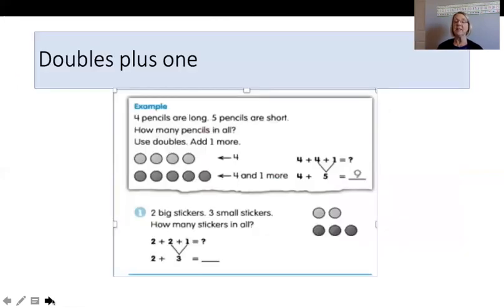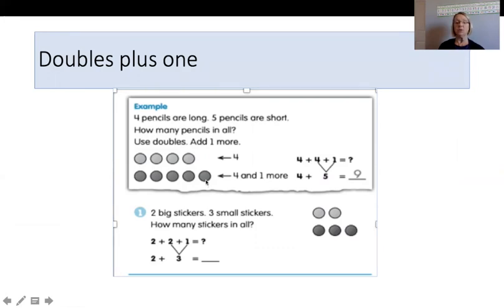And that is the next thing we're going to talk about, and that has to do with our pencils. You see it said 4 pencils are long and 5 pencils are short. How many pencils in all? Use doubles and add 1 more. So that's what we did. We had 4 and then 4 more and added on 1 to get 9.